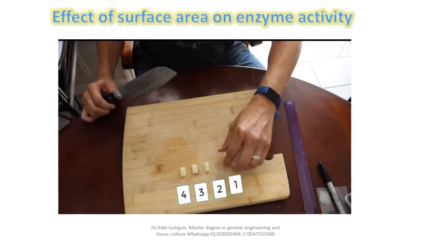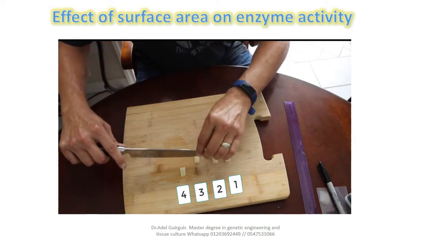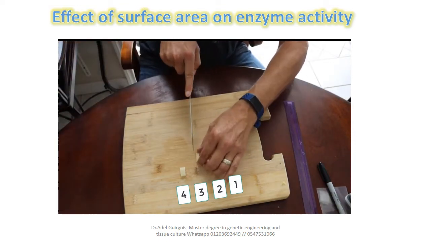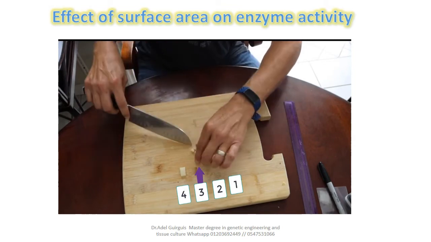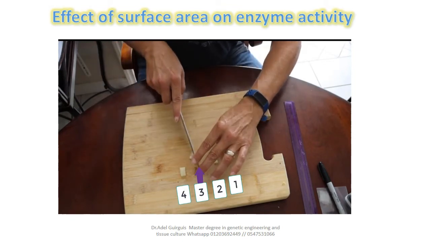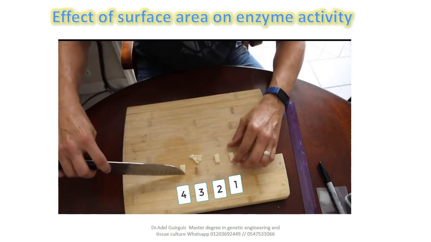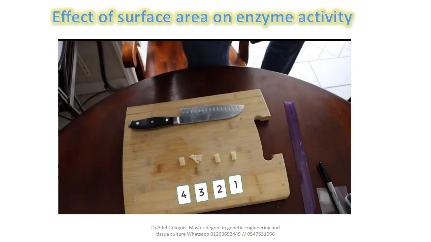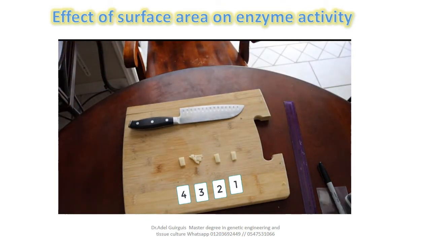All right, so potato 3, we're going to cut it up into small little tiny chunks, as you see there. The goal is to create the same amount of potato as the others, but this one will have a much higher surface area because of cutting up the potato.